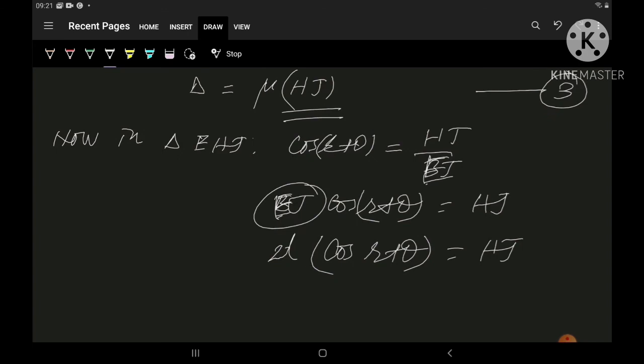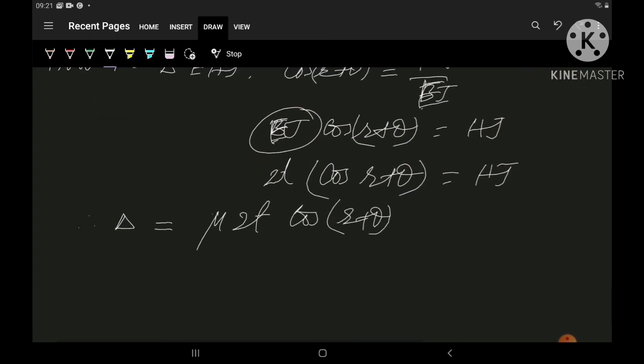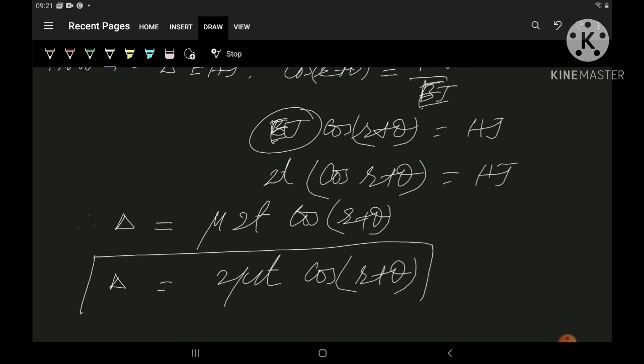Therefore the path difference delta will be equal to mu times 2T cos of r plus theta, or delta is equal to 2 mu t cos of r plus theta. This is equation number 4.